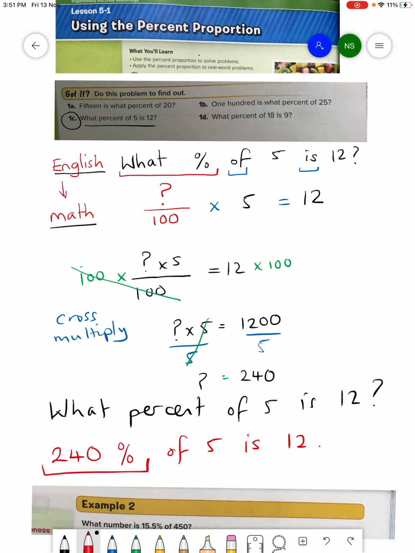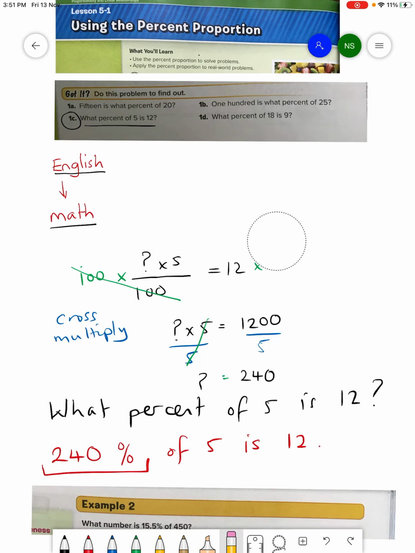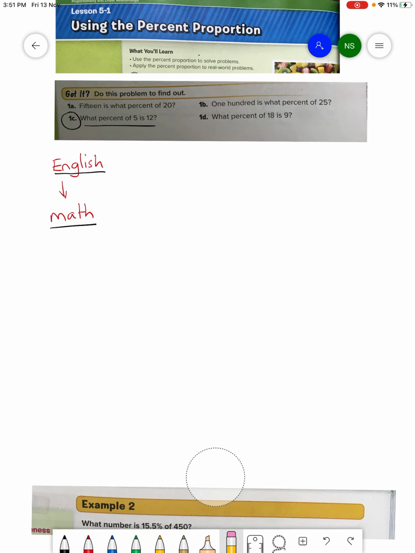Okay, let's have a look at 1D now. So take a picture if you want to, or pause the video to have a look at that. We're going to use exactly the same method. We're going to rewrite the question from English to maths. In English, 1D says, what percent of 18 is 9?